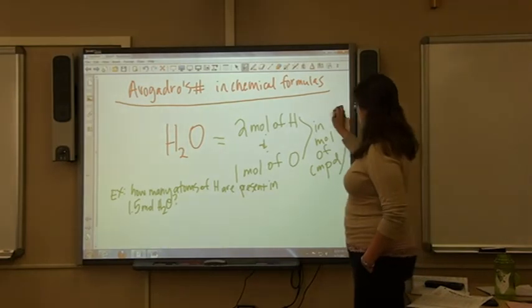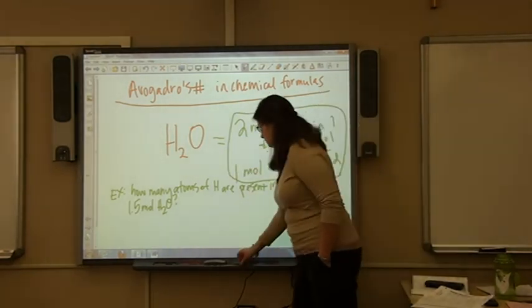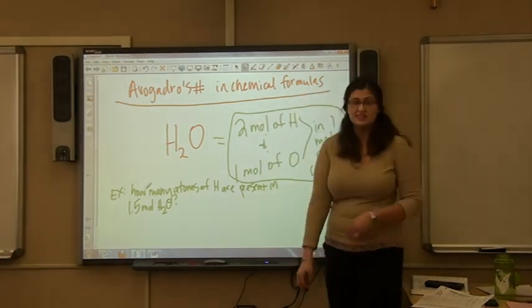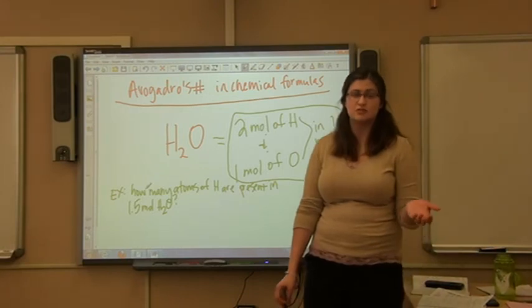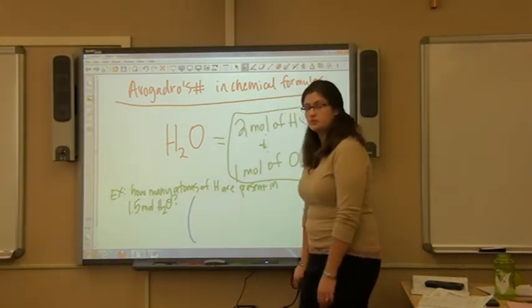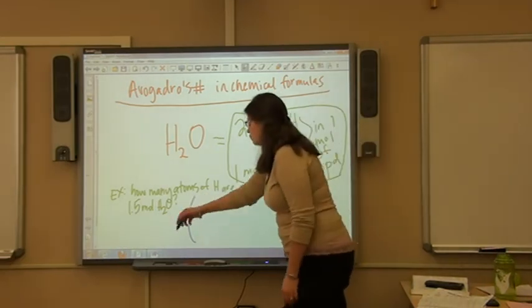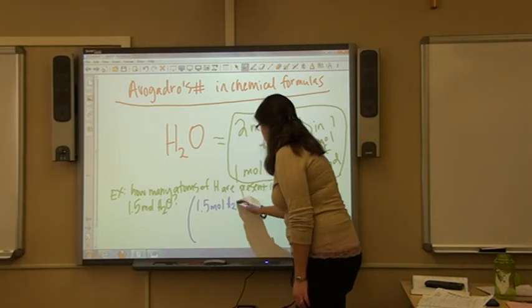You can use this as a unit conversion factor. So this is an example of why we spent so much time last week doing those nasty old unit conversions. So we're going to start in our first bracket with what we know. That's the 1.5 moles of H2O.